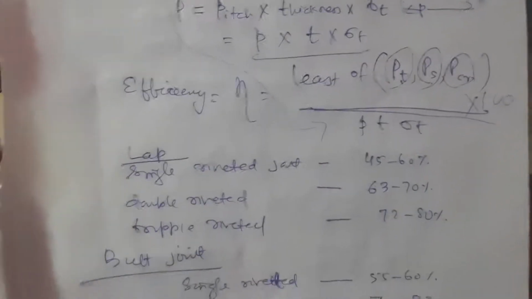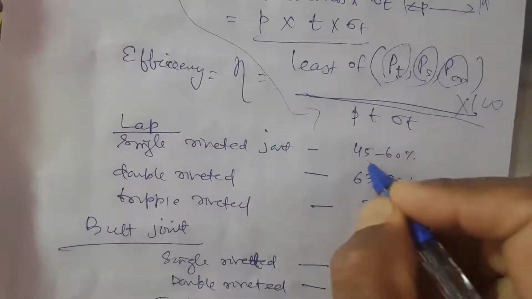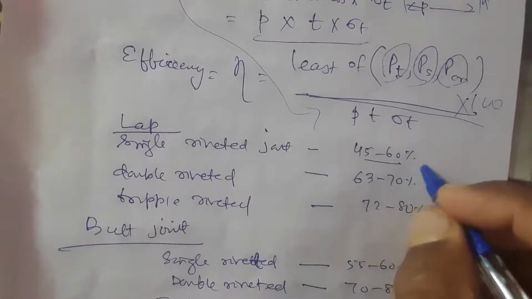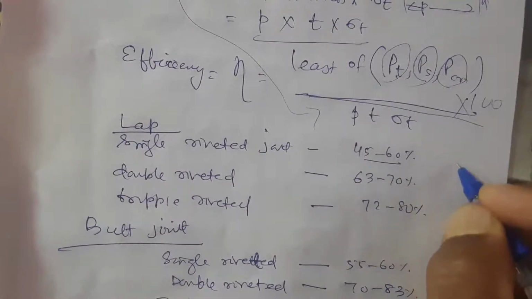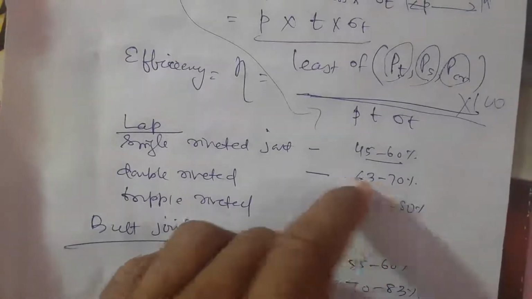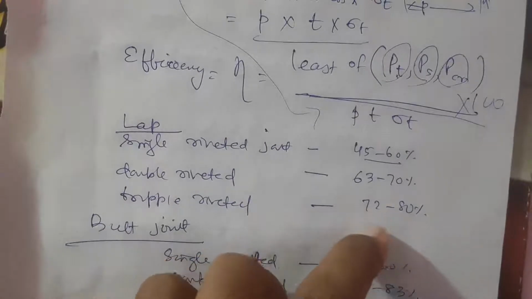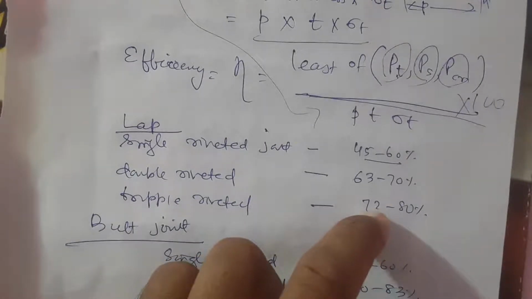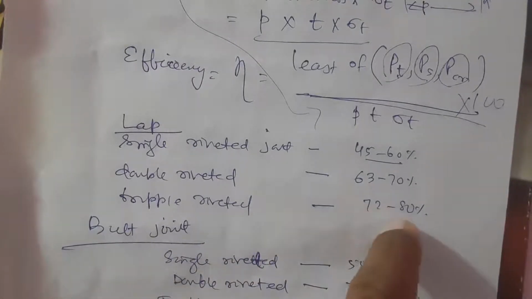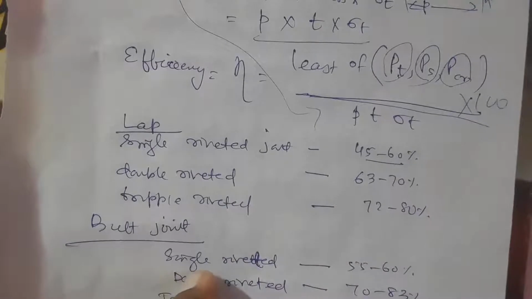A typical efficiency of a lap joint in single riveted joint is about 45 to 60%. It can be a little higher in some cases, maybe up to 65%. Double riveted joint normally varies between 63 to 70%. Triple riveted joint normally varies from 70 to 80%, depending upon the joint configuration, pitch, diameter of the rivet, and the skill in joining.